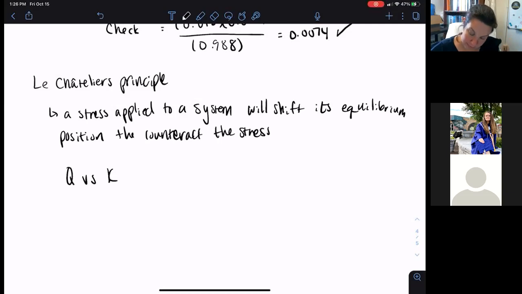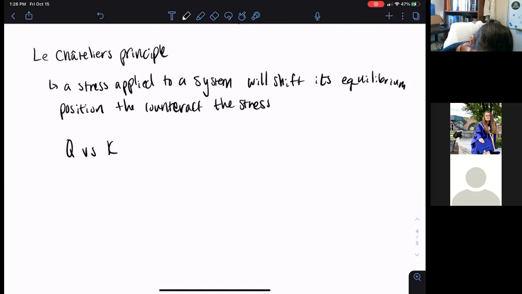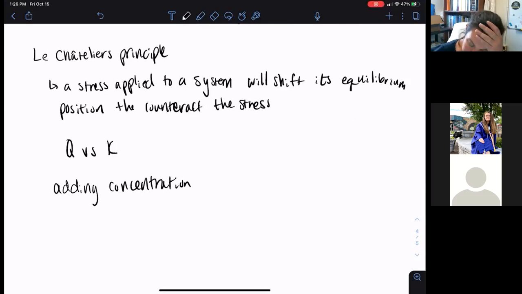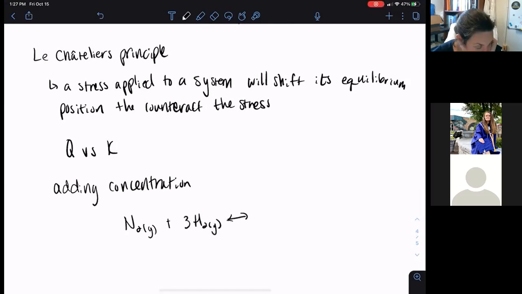So our first stress that we can apply is adding concentration. Or yeah, what's concentration? So let's say that we have N2 gas plus 3H2 gas in equilibrium with 2 NH3 gas.